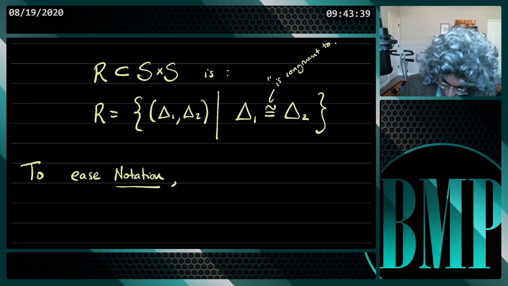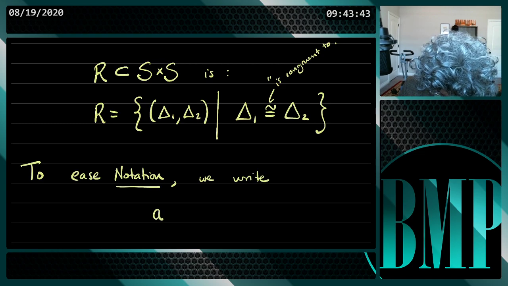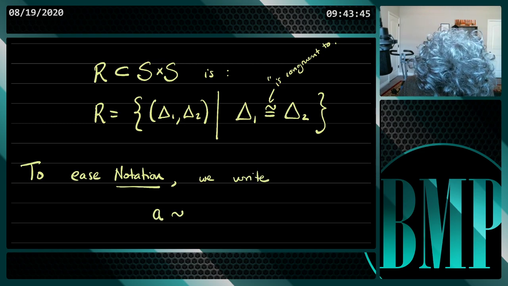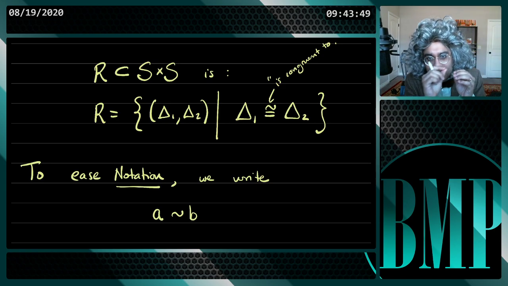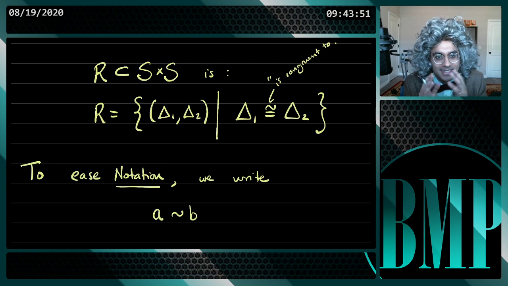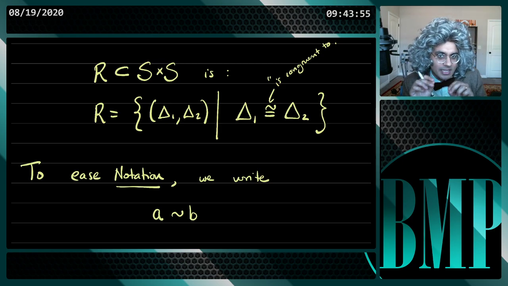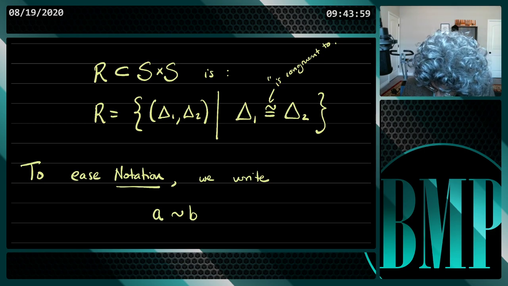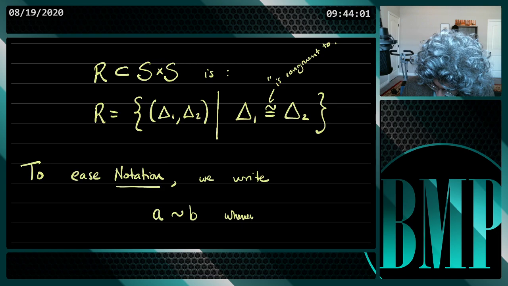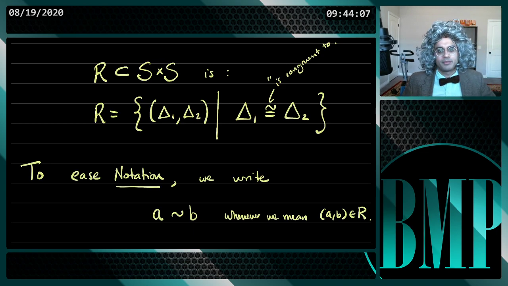In the notation, we write something like A squiggly line B, for example. We come up with some weird thing that looks like an equal sign, more sideways than up and down usually. We write this whenever we mean that this ordered pair is in the relation set.